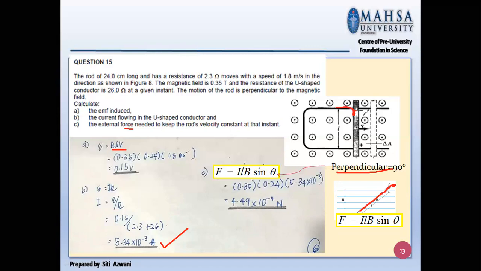Now how to show the direction of the induced current flowing in the conductor? You need to apply Fleming's right hand rule.